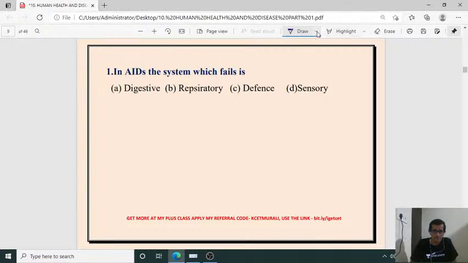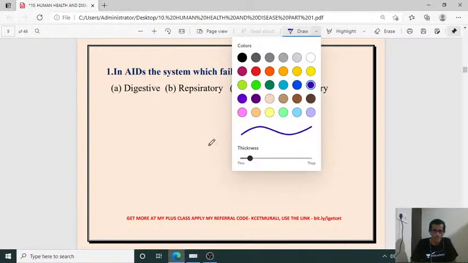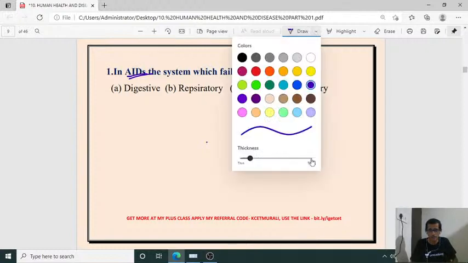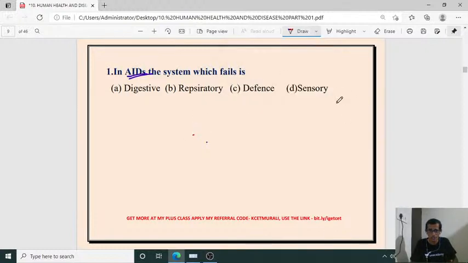In AIDS, HIV, which system is phased? Which system is going to fail with respect to its function, or have a reduction of its functional quality? That is what acquired immunodeficiency syndrome is, isn't it? Acquired immunodeficiency syndrome. Here, deficiency syndrome, acquired immunodeficiency.